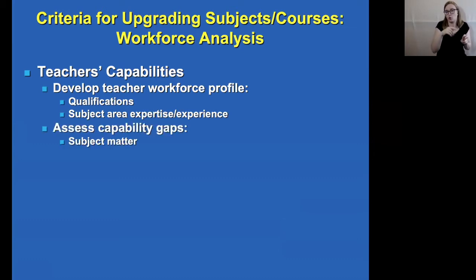What are the gaps in terms of their subject matter knowledge in their existing subjects, plus when you make changes, what are going to be the new content that they have to learn?